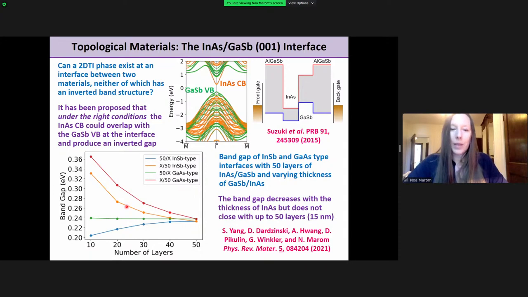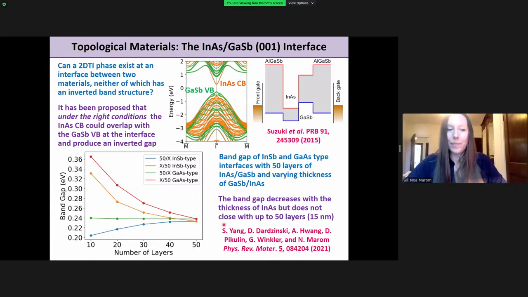And when we add layers of indium arsenide, as you can see here, on top of 50 layers of gallium antimonide, the band gap does narrow, but it doesn't close. With up to 50 layers, which is 50 nanometers, we don't see a band crossing here.